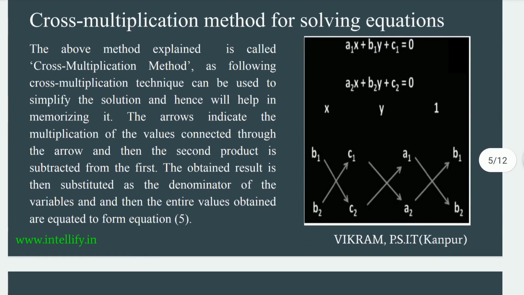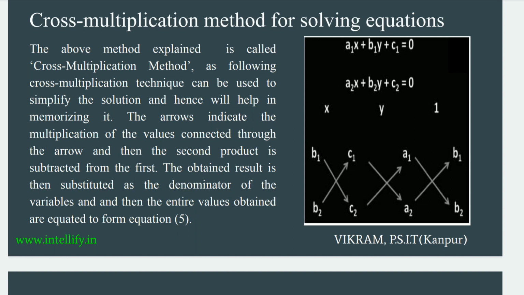So we have seen that the above method is called the cross multiplication method. The cross multiplication technique can be used to simplify the solution and will help in memorizing it. The arrows indicated in the figure on the right-hand side connect the terms, and the second product obtained is subtracted from the first. The obtained result is then substituted as the denominator of the variable, and then the entire values obtained are equated to form equation number 5, which has been clearly shown above.